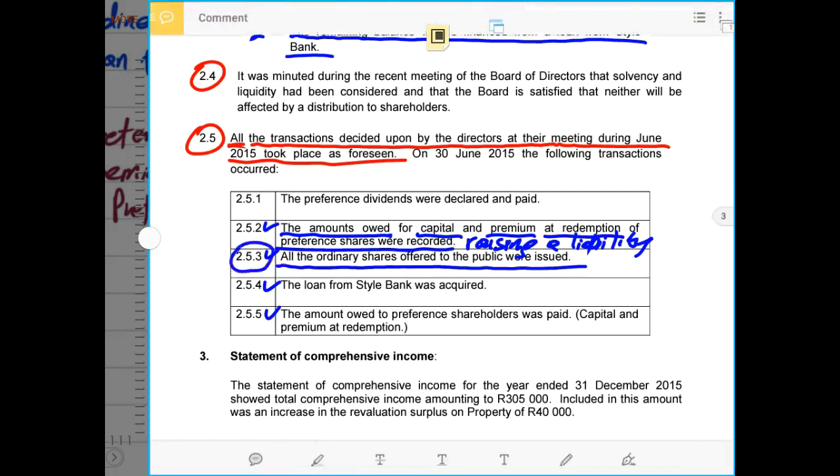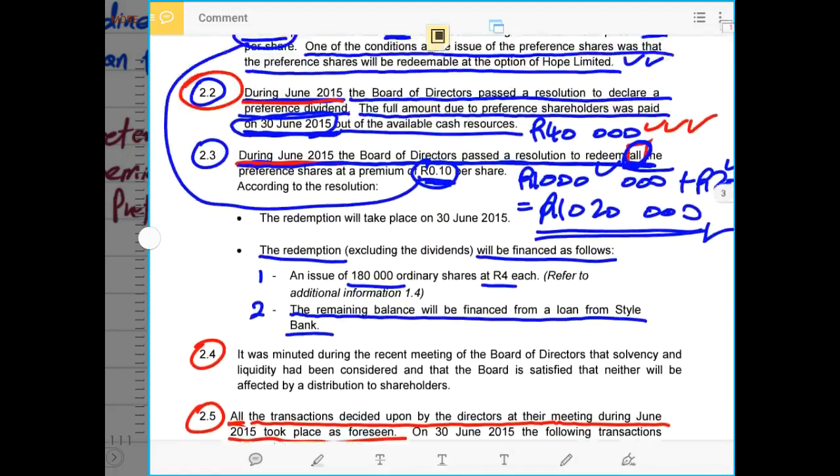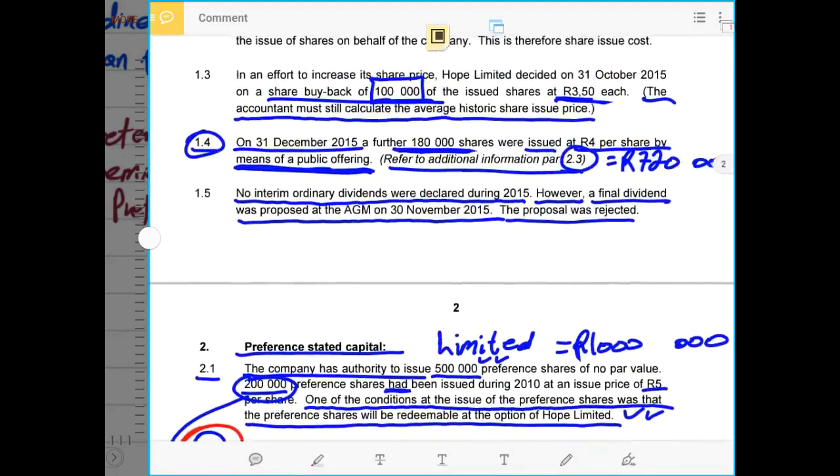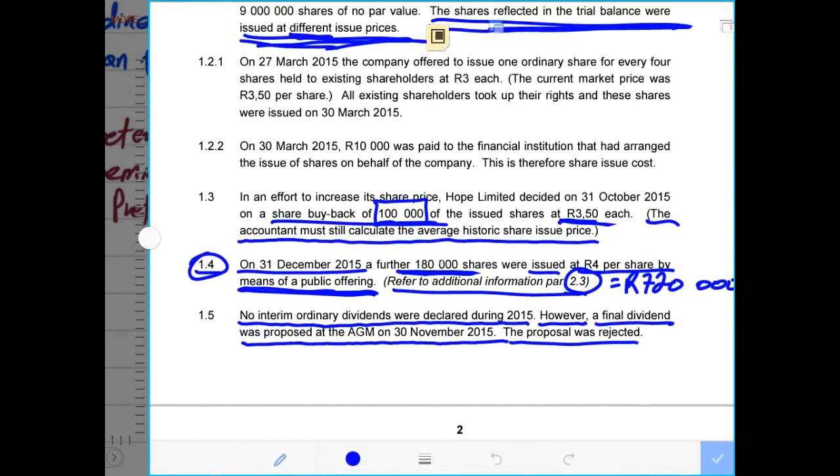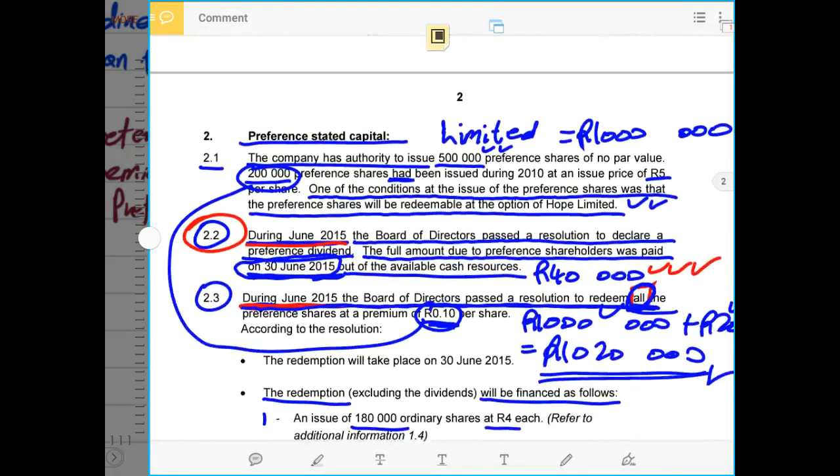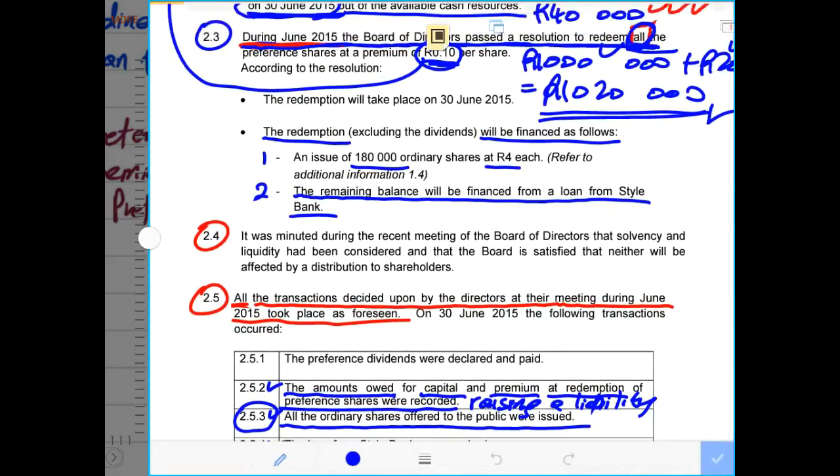There was a public offering of 180,000 shares offered to the public. These shares, remember, were issued at 4 rand, in order to finance the redemption of preference shares. There was no money available to pay the 1,020,000 to the preference shareholder at the redemption.